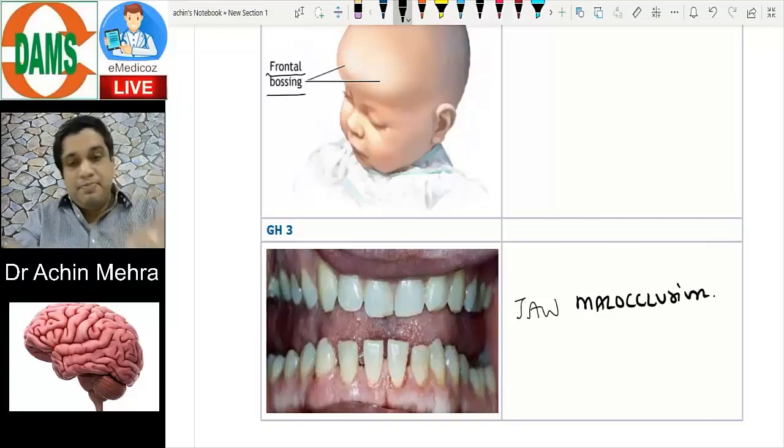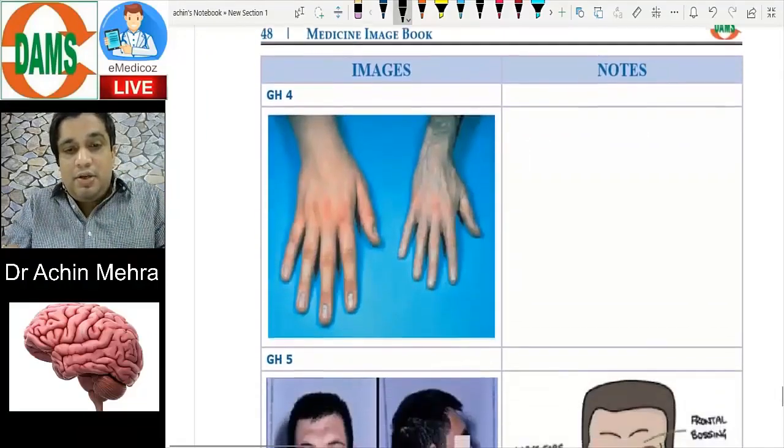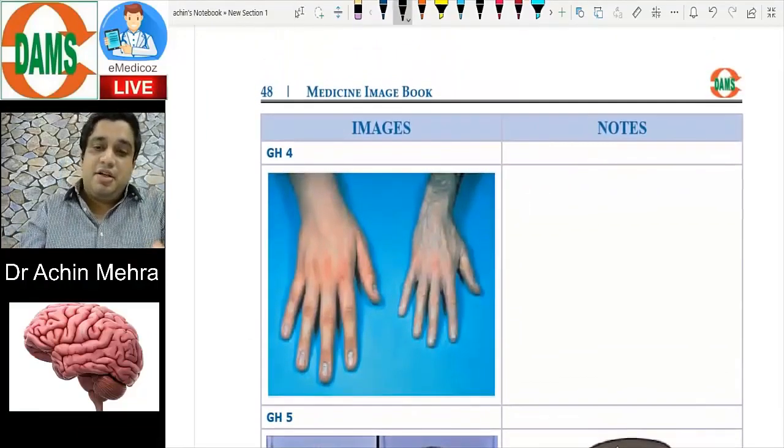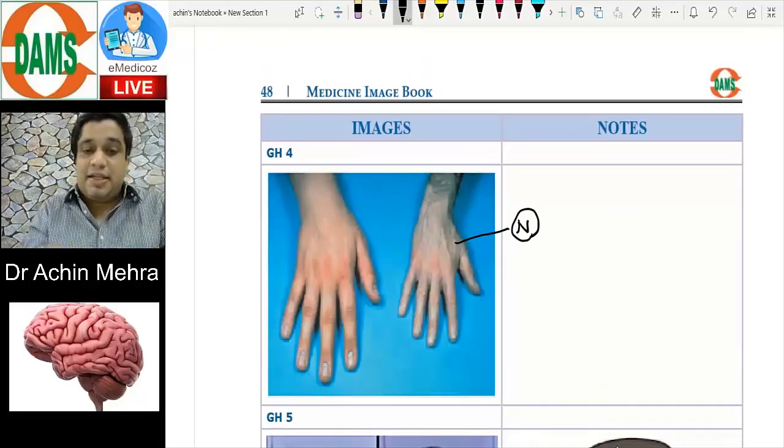Now this is another comparative thing, a normal person with a patient's hand of acromegaly. We've discussed this also in the class, that as compared to a normal person, their fingers will be slightly longer, much broader, with the size of the wrist joint also increasing in them.